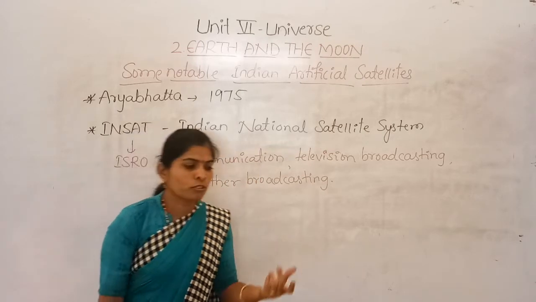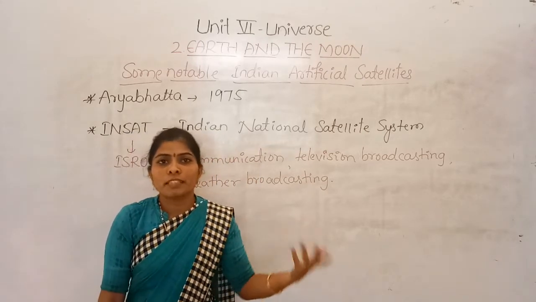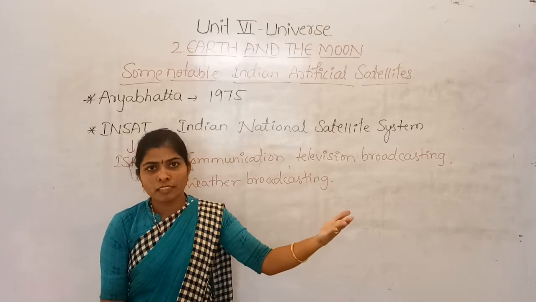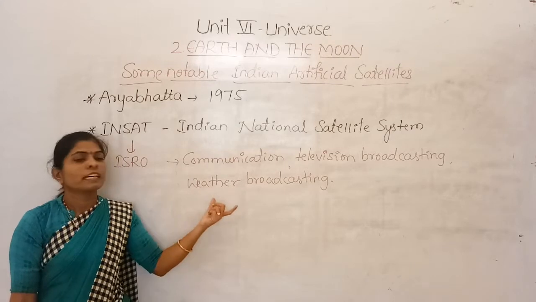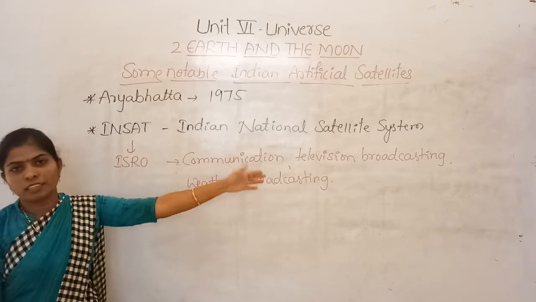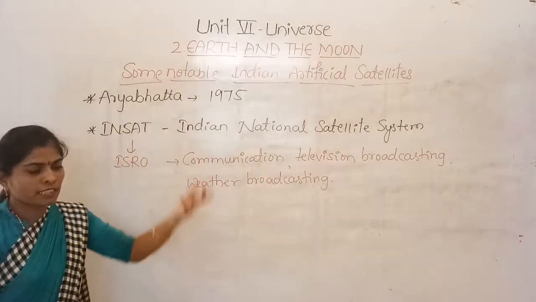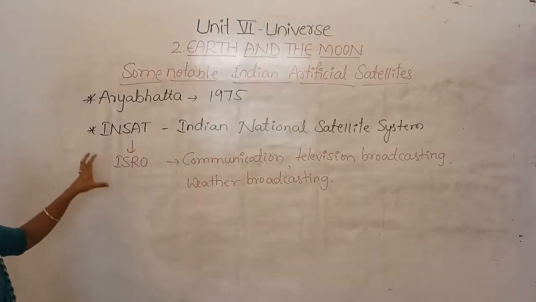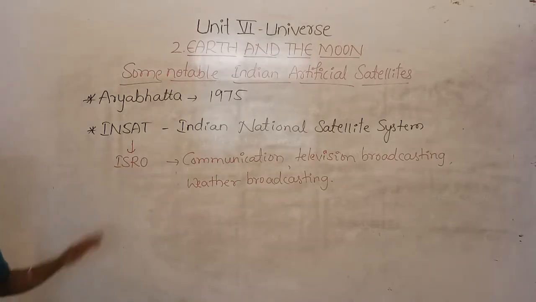The temperature will be this to this, and there may be rain, or whatever the weather report says. All that information is sent by these satellites. Communication signals are also sent. So like this, these INSAT are multi-purpose satellites.